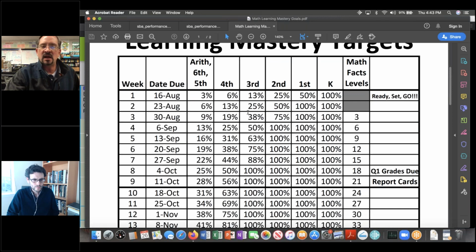Let's say it's week 5 of the school year. They should have 100% of kindergarten mastered, 100% of first, 100% of second, 63% of third, 31% of fourth, and 16% of fifth and sixth, and arithmetic should be mastered by now, by the week that ends on September 13th.